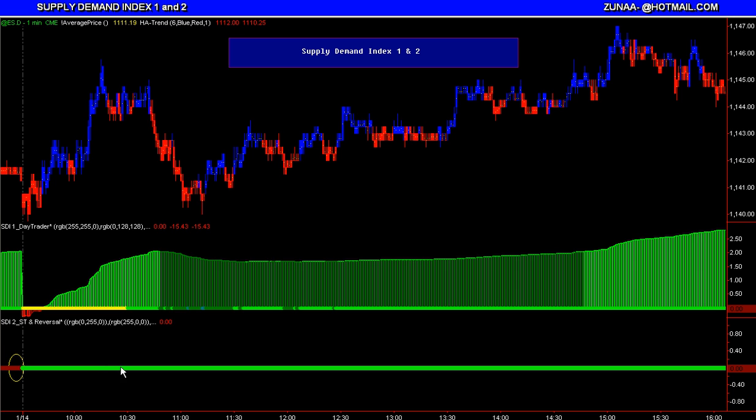SDI2 simply gives you the trend for the higher time frame. It gives you the supply demand situation for the higher time frame. And it's very important not to get tunnel vision just by looking at SDI1. Day traders tend to get tunnel vision, and then when a huge move or huge reversal takes place, or just a big trend day takes place, they always wonder, well, where did that come from?